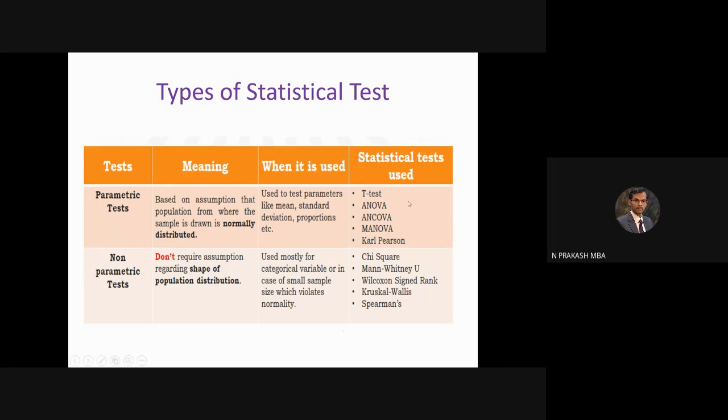So how do we identify whether the data will perform a parametric test or a non-parametric test? We want to identify the normality of the collected data.